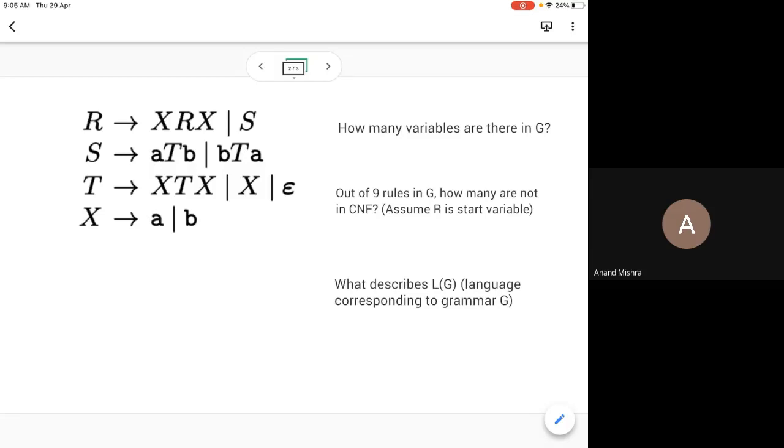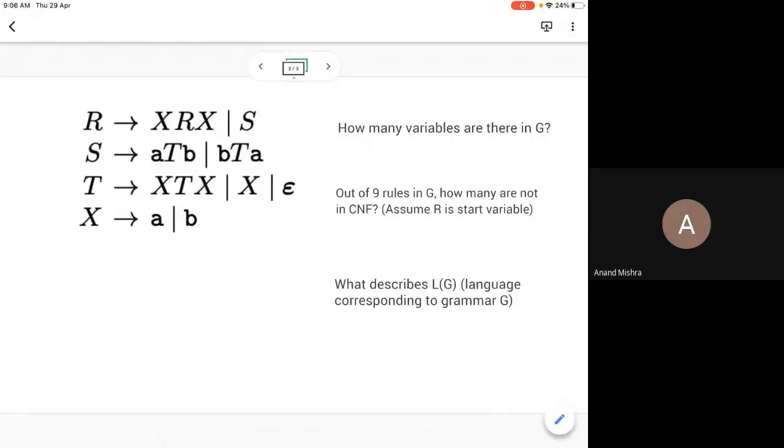So the first question was how many variables are there in G? Non-terminals and terminals are two different things.